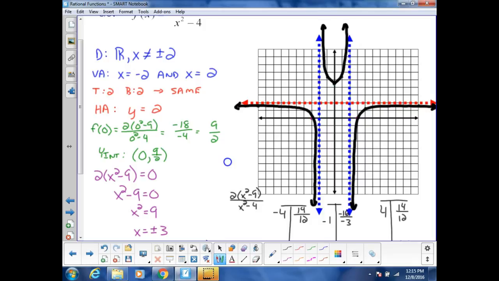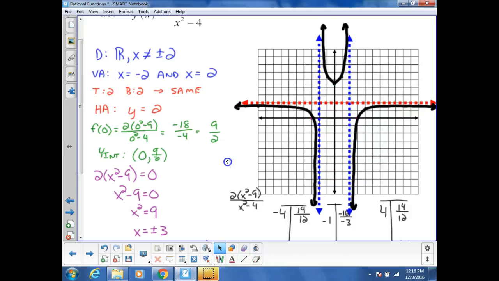And then from there I can get all of my end behavior, asymptotic behaviors that I want. Okay? So as x goes to positive infinity, my function approaches 2 from below. As x goes to negative infinity, my function approaches 2 from below. As x approaches negative 2 from the left, my function goes to negative infinity.